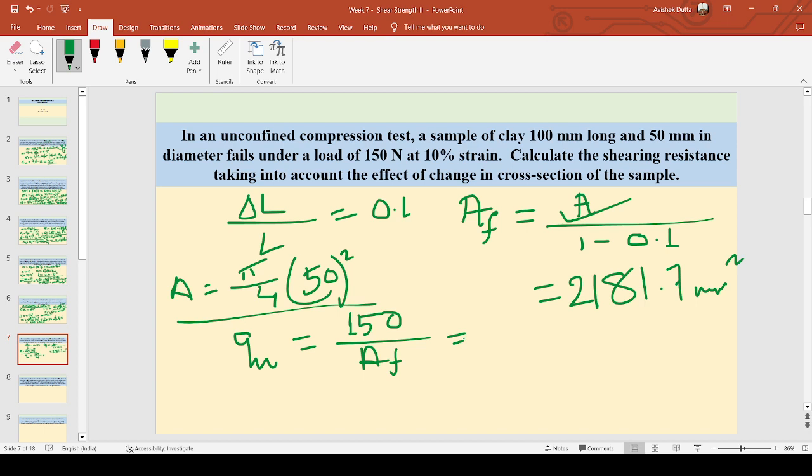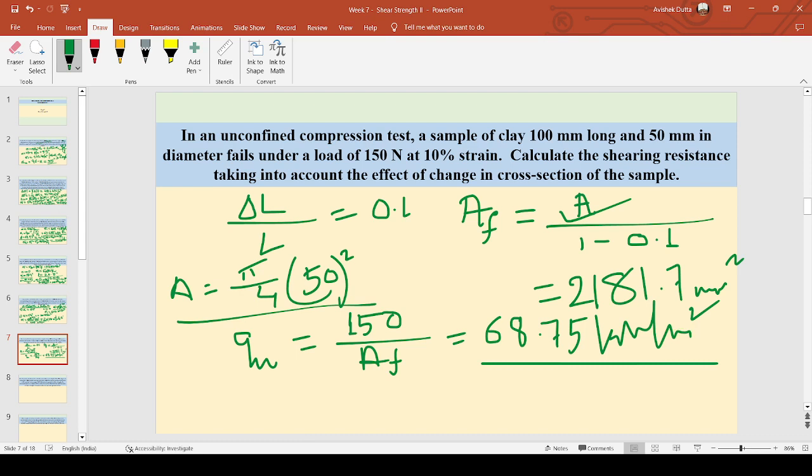If we convert this, we get around 68.75 kilonewton per meter square. This is the value of compressive strength.